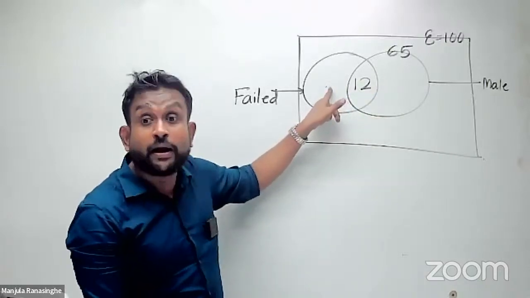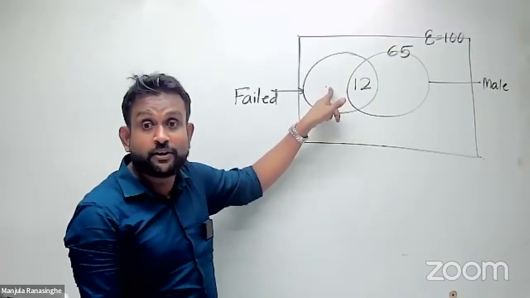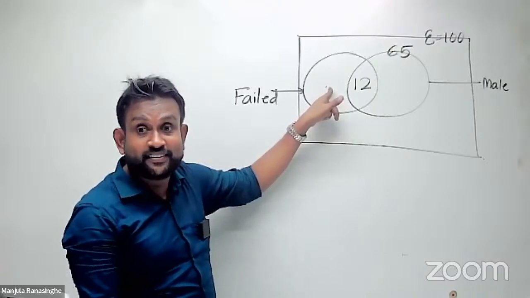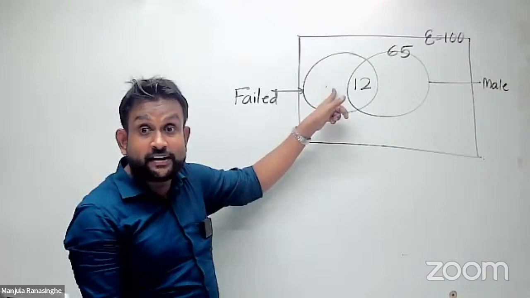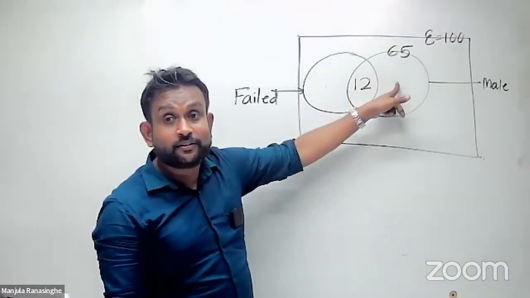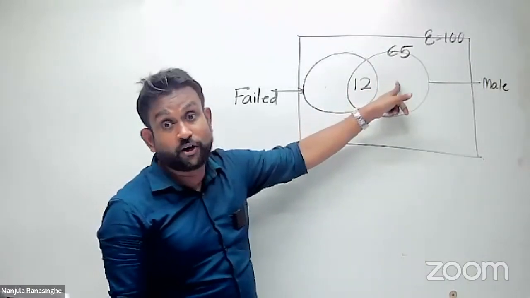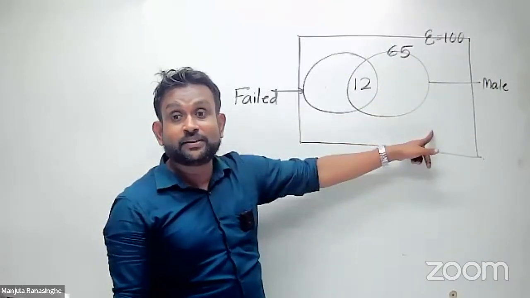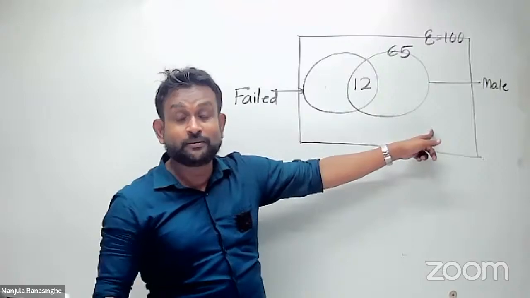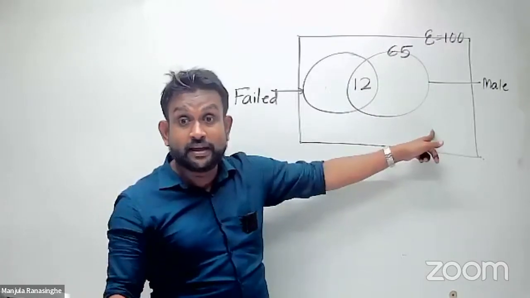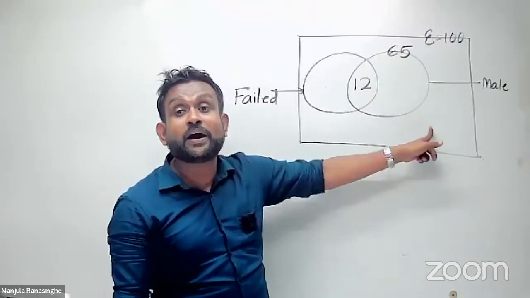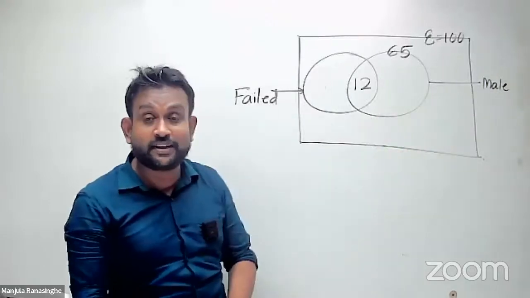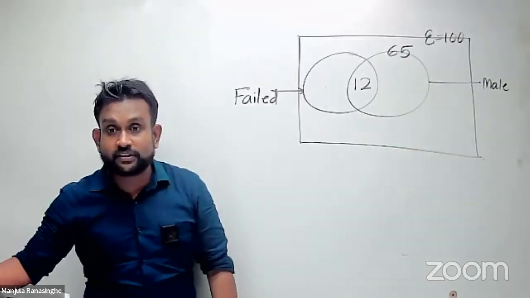They are failed but not male, so female. Here failed female. Here, they are male but not failed, that means passed male. Here neither male nor failed. Not male means female, not failed means pass. Here pass female. Understand that region. So now what do they ask in the second part?